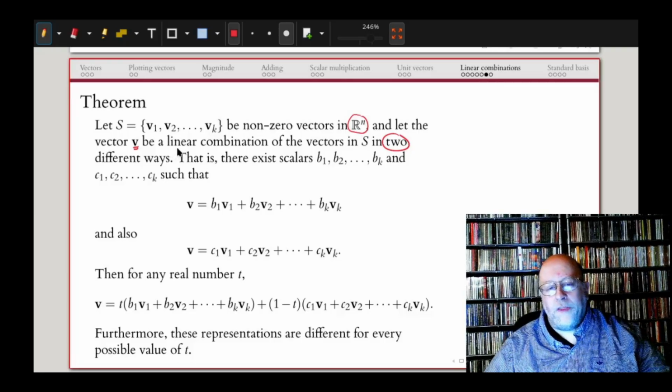The next part of the theorem just re-explains what it means to be a linear combination 2 ways. It says, that is, there exist scalars. These are the weights in the first combination, and then these are the weights in the second combination. And so this is our first combination. And this is our second combination.